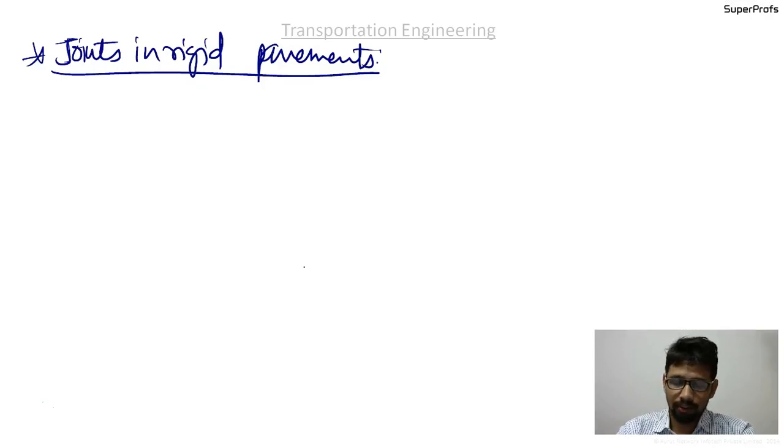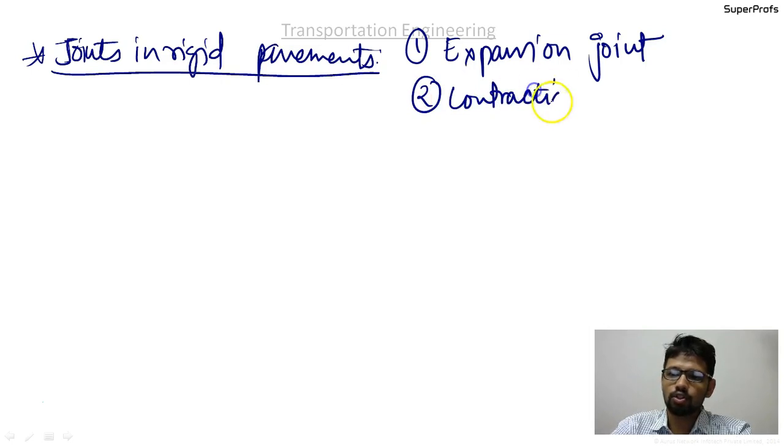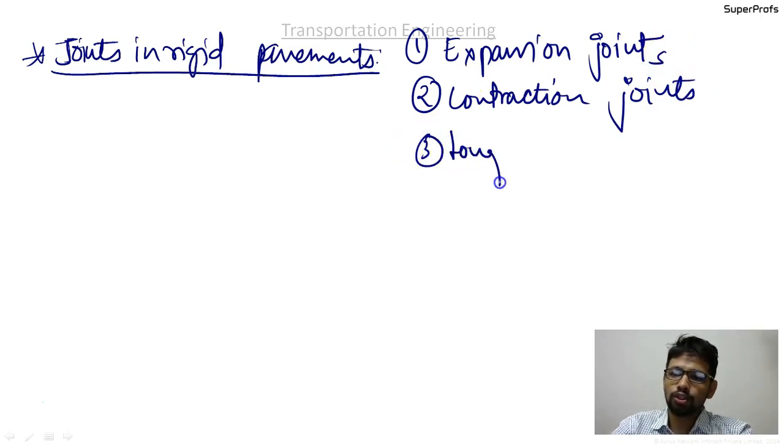Joints in rigid pavements. There are mainly three types of joints in rigid pavements. The first type is the expansion joint. The second type is the contraction joint. And the third type of joint is the longitudinal joint.